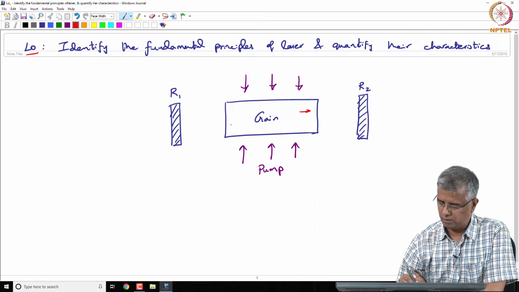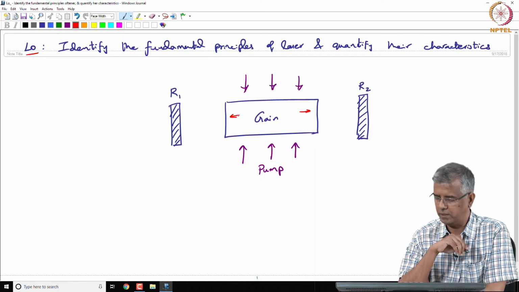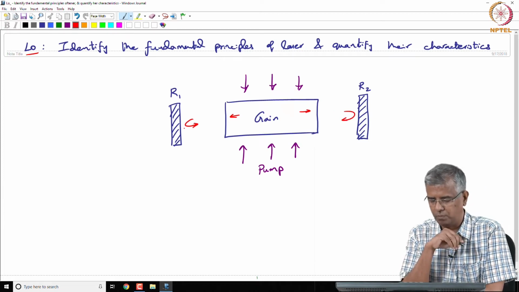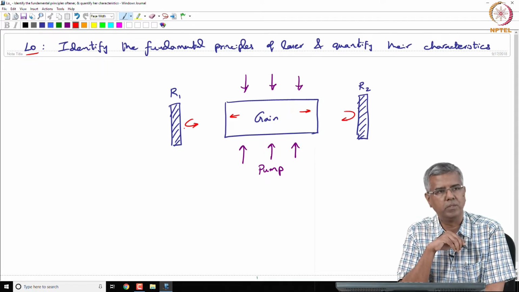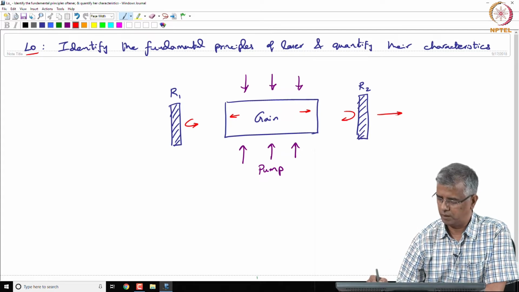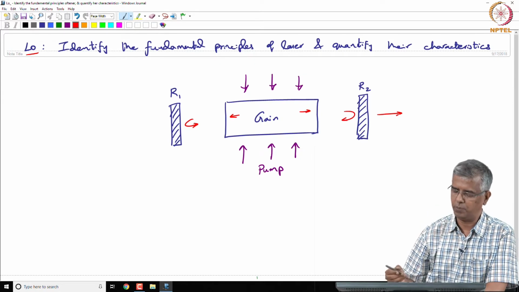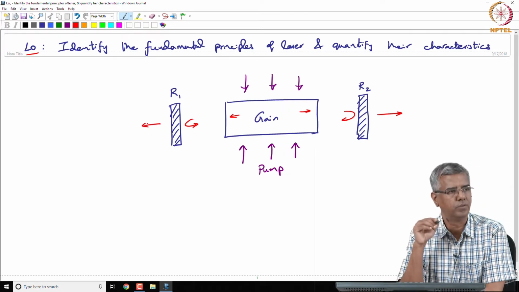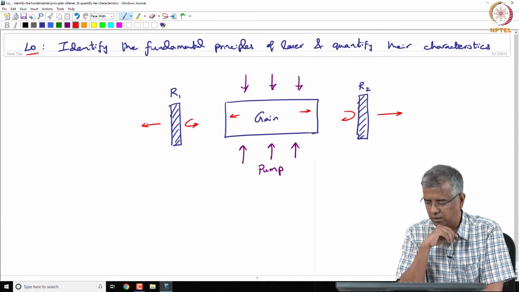So, when you have these excited ions initially providing spontaneous emission, and then with feedback from either ends, you are able to get stimulated emission, and then we get laser output, right. The laser output could be from just one end, or it could be from this end also, right. It depends on what is the relative reflectivity of the two mirrors.